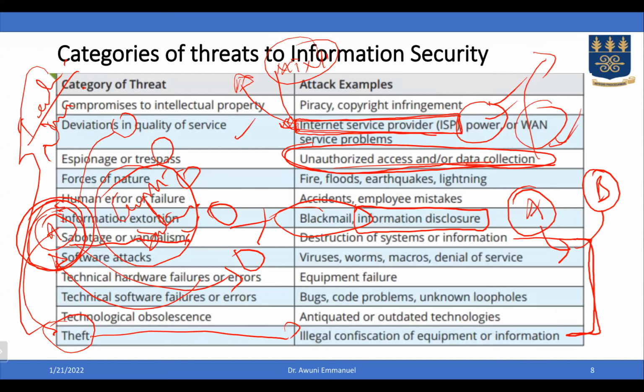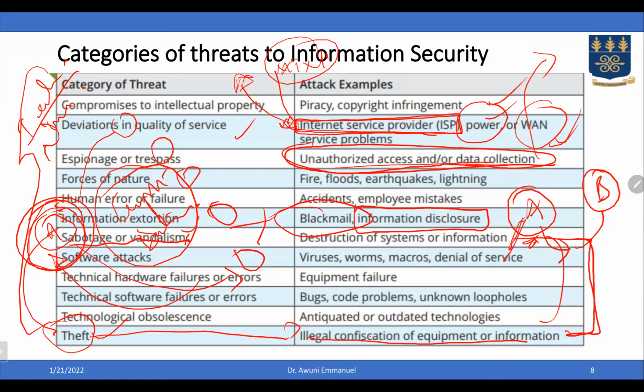Well, with that attack, yes, we can classify that as part of theft. You know, these are not cast in stone. Somehow, some of them can be placed under other categories. Even with theft, this illegal confiscation of equipment, we can also place it under sabotage or vandalism. Like I said, it's just the intention. So I can even put this one under this one.